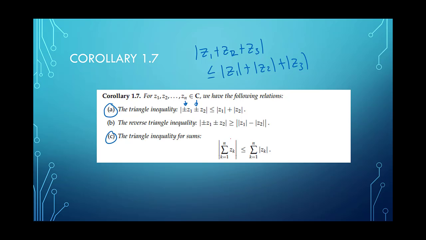Okay, and it's true for any sum of complex numbers. So if I had four, we would still get a similar thing, for instance, z4.